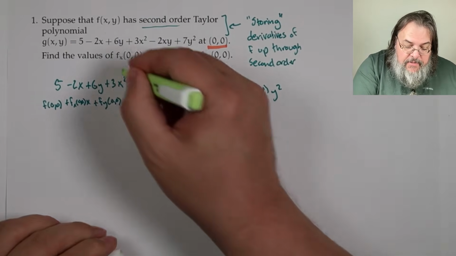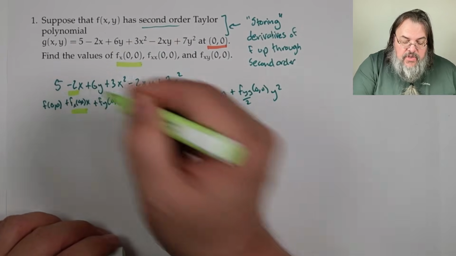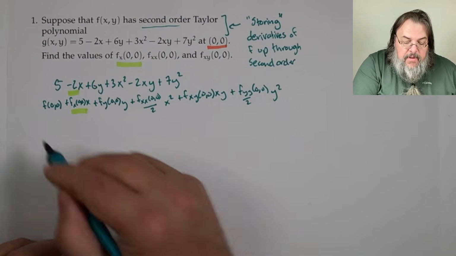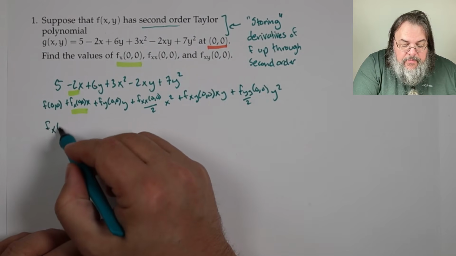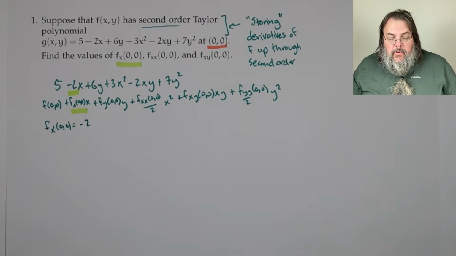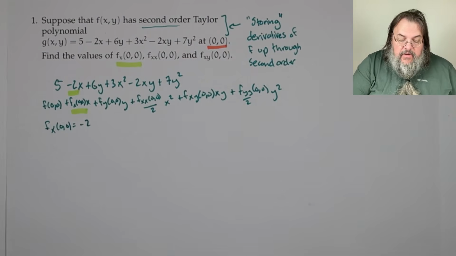So we want f x at 0, 0. That's going to be the coefficient of x. And so we come to the conclusion that f sub x at 0, 0 is minus 2. Well, what else do we want? We want f x x at 0, 0.